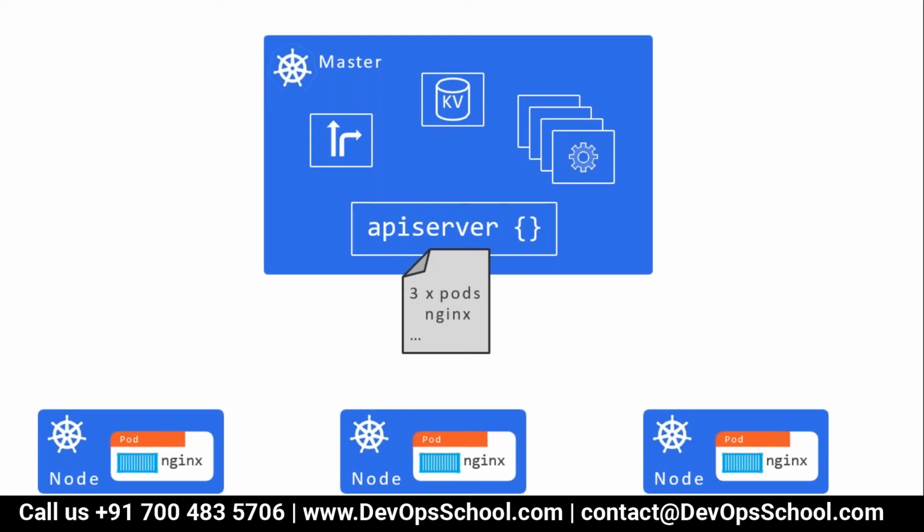For all this communication, input and output, they have made only one gateway, the API server. Through the API server, everything gets delivered to the cluster and everything is received from the cluster. But whatever you send and whatever you receive is being stored in the etcd.